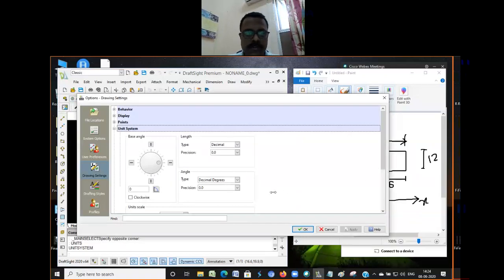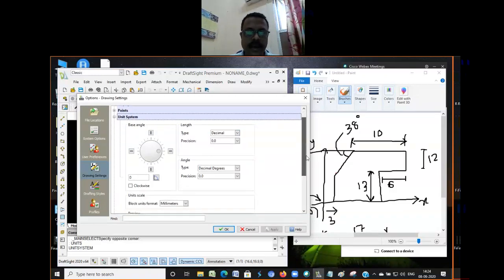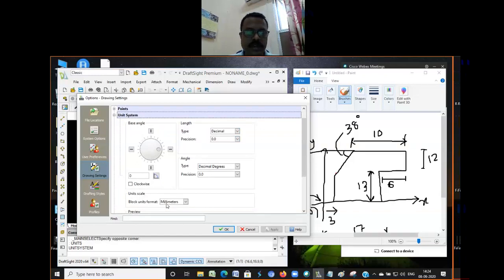By default, this unit system should be decimal units. Our precision is 0.0, and it is in millimeter. Let us keep it like this. Then for the angles also, let us keep it as decimal degrees, and the precision is 0.0 degree.